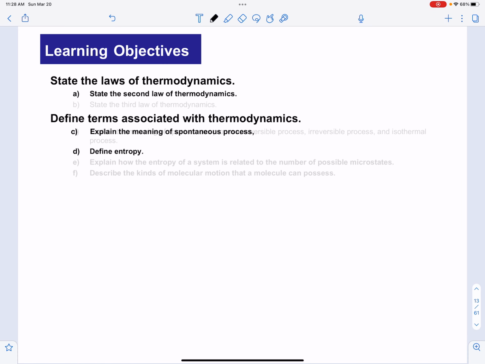And with that, we talked about the second law of thermodynamics, that entropy of the universe tends toward randomness, toward a positive value. We understand better what a spontaneous process is.